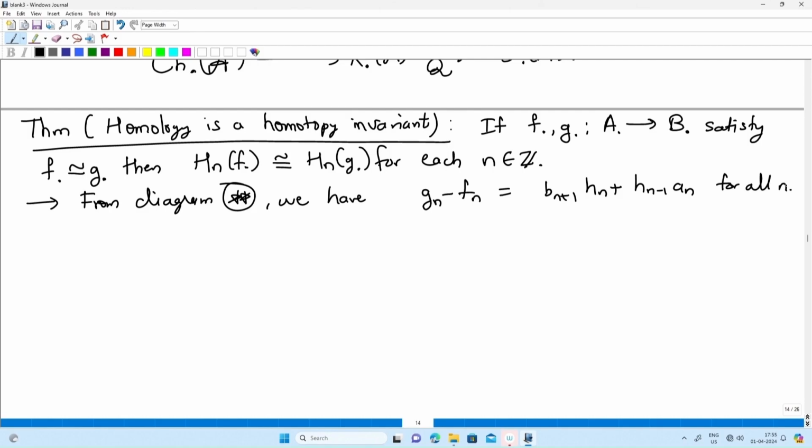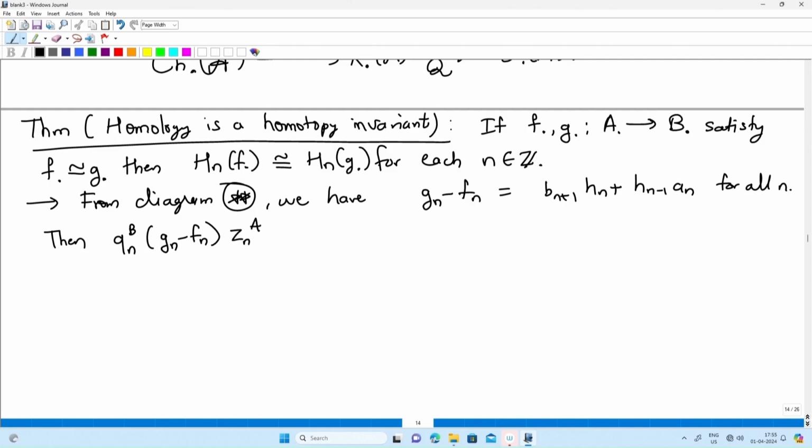Okay. Then Qnb composed with Gn minus Fn composed with Zna. Now Zna, you understand what it is?